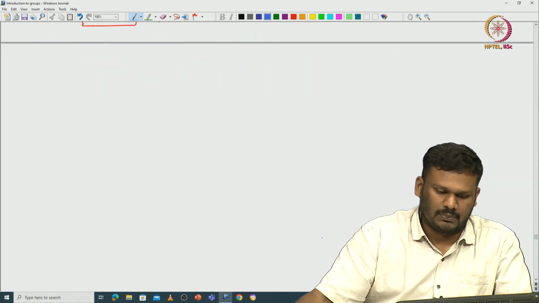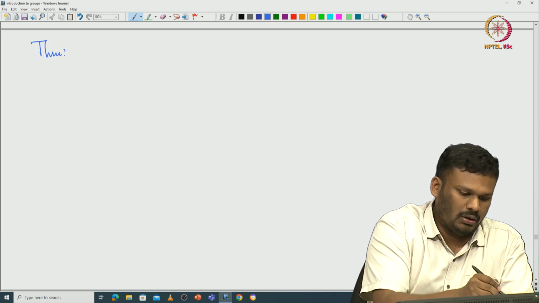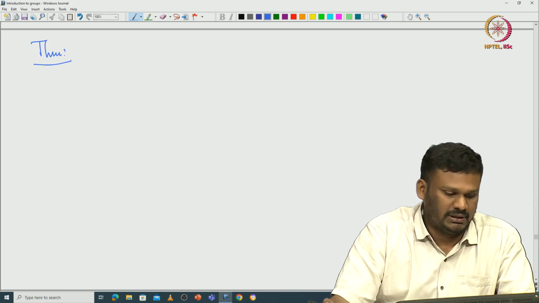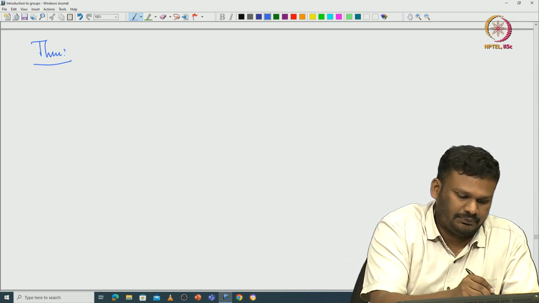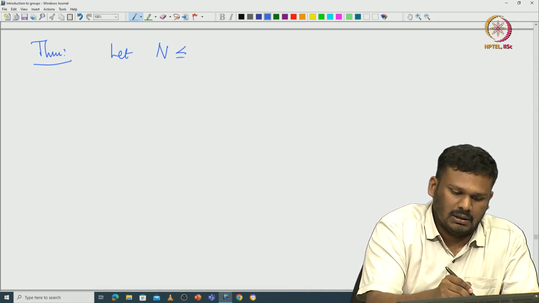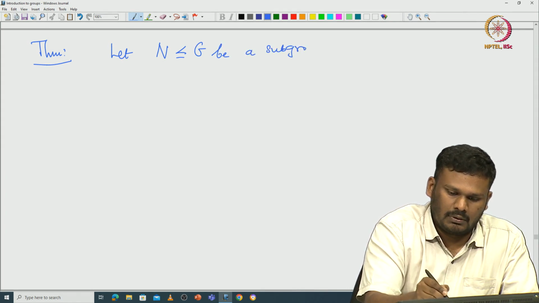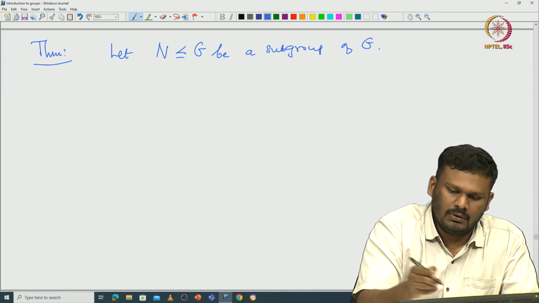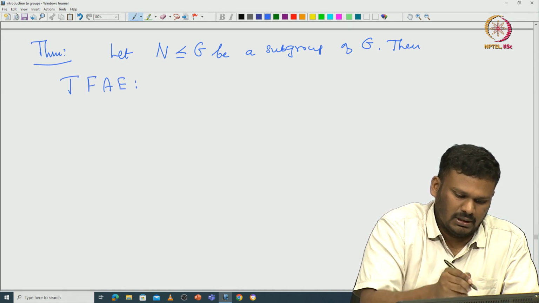As I promised, here is a theorem that characterizes all possible definitions of normal subgroups. Let us start by fixing some notation. Let N be a subgroup of G. Then the following statements are all equivalent.